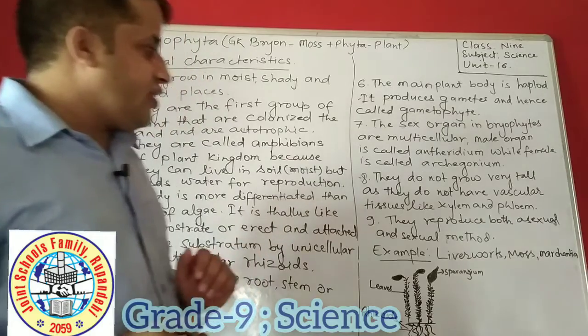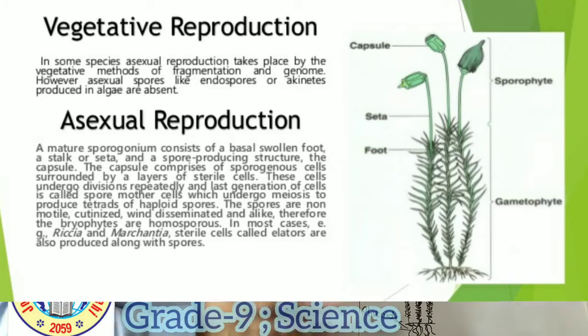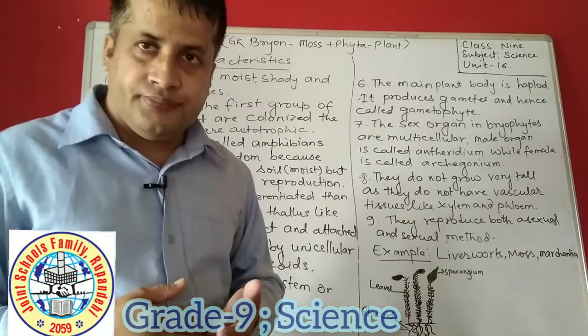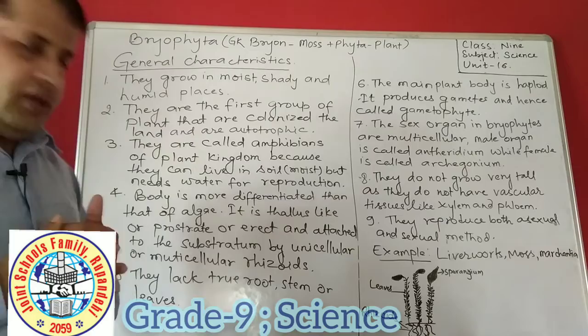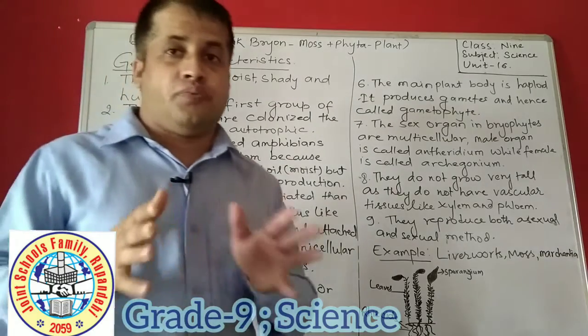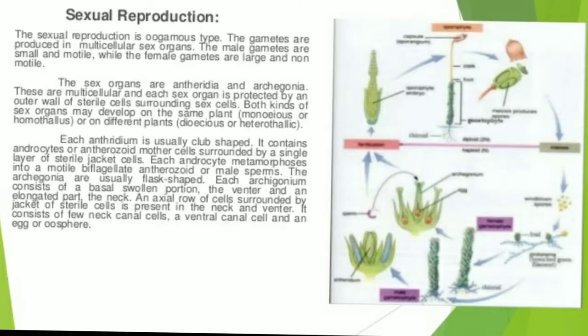Another characteristic is that they reproduce both sexually and asexually. In the asexual method they can reproduce by fragmentation, regeneration, and sometimes by other methods.